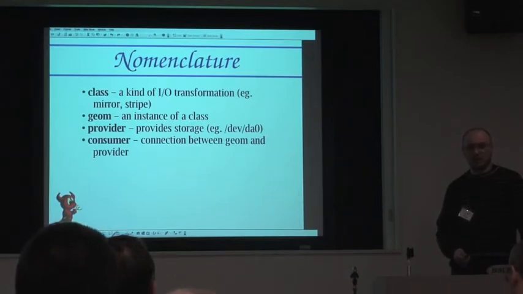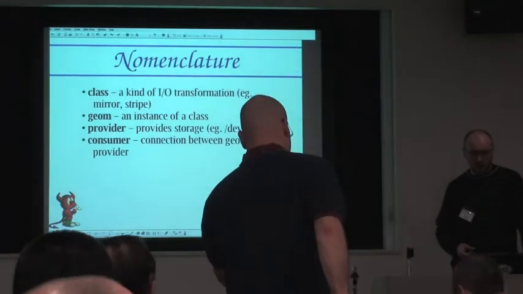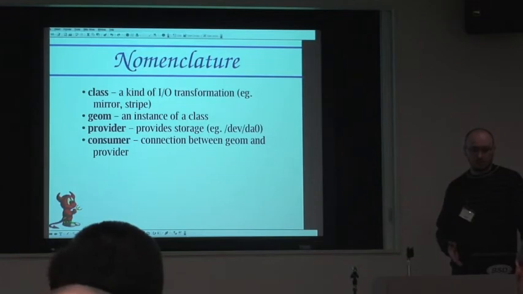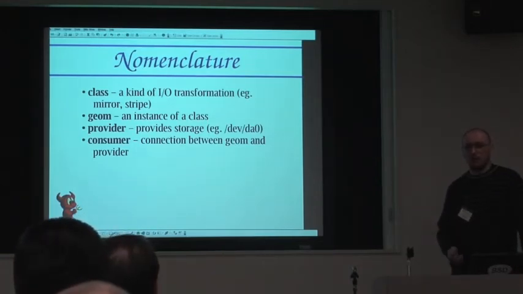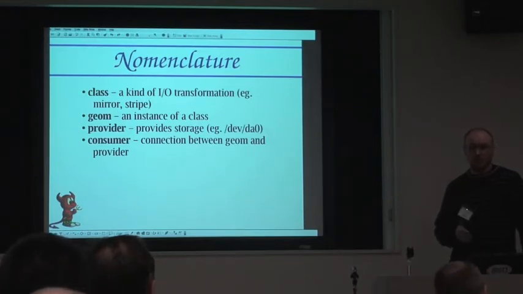A GEOM class is basically a kernel module, or something which we compile into our kernel, and it provides a particular transformation. For example, we have a GEOM class that does partitions, we have a GEOM class that does mirroring, that can encrypt data and stuff like that. Those are all separate GEOM classes.